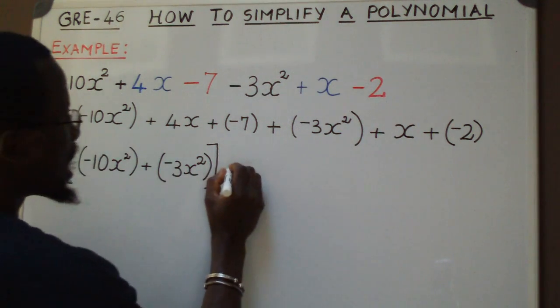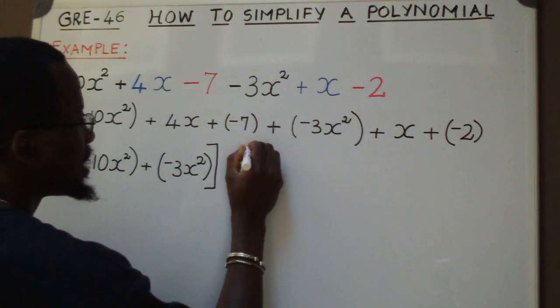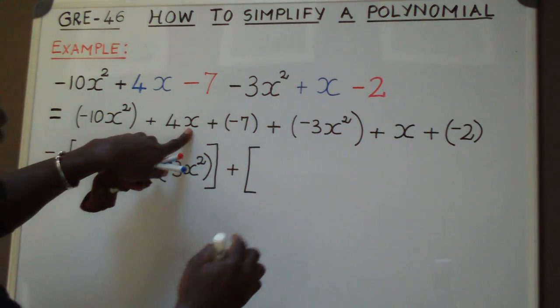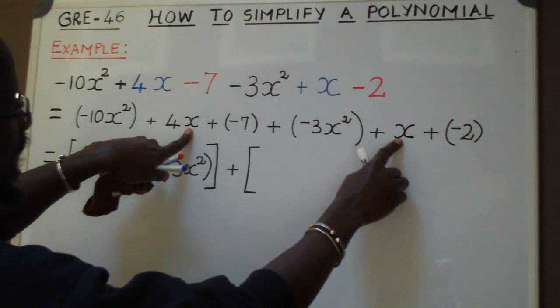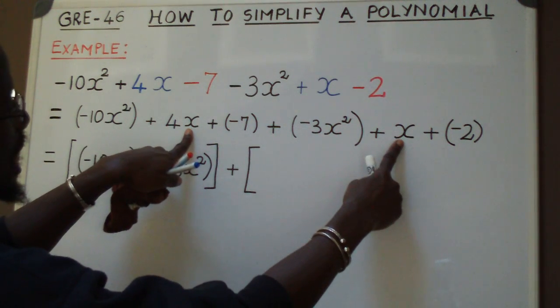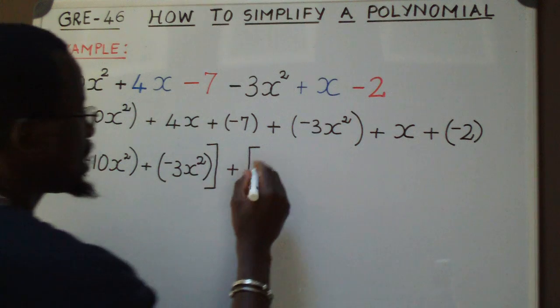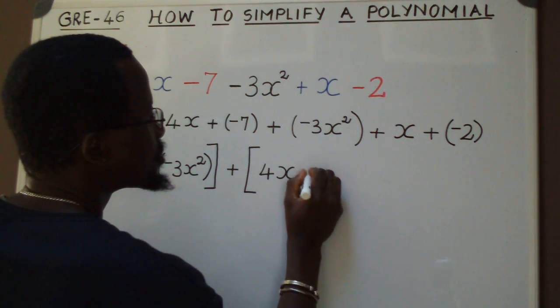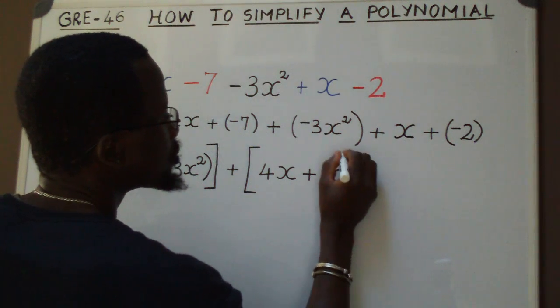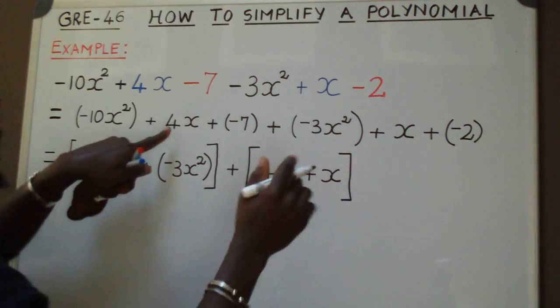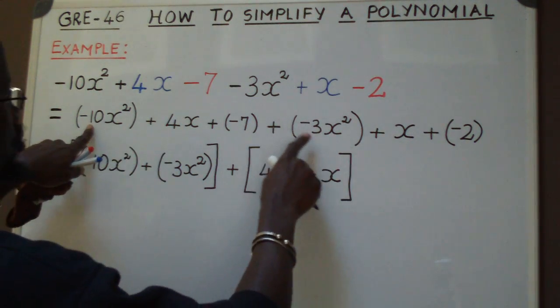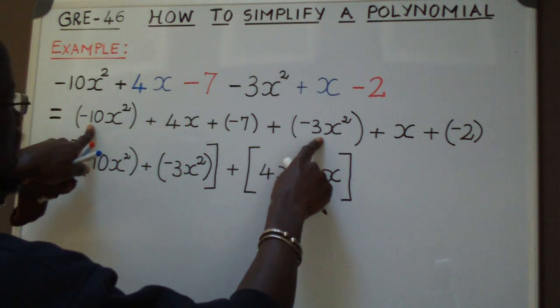Then I will write plus, and in my next square bracket I'm going to group the 4x with the x here. Why? Because these two binomials are also like binomials. So here I'm going to group 4x plus x. Okay, so now I'm finished with the 4x and the x here, and I'm also finished with the negative 10x squared and the negative 3x squared.